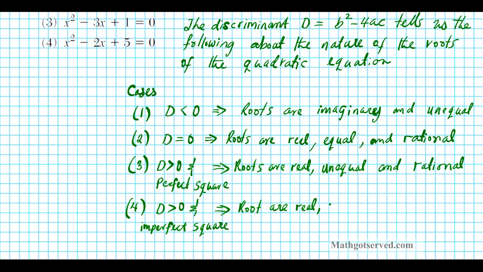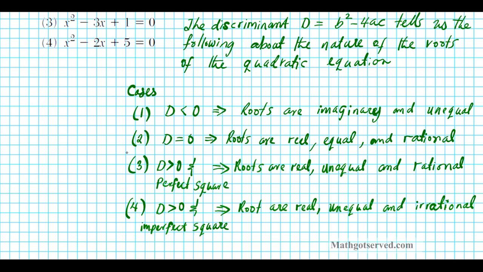They're going to be unequal. And guess what? They're going to be irrational because you're taking the square root of a number that's an imperfect square. So you're going to have that square root component in your roots. Okay, so these are the 4 cases using the signs and nature of the discriminant to determine what the nature of the roots of the quadratic will be.